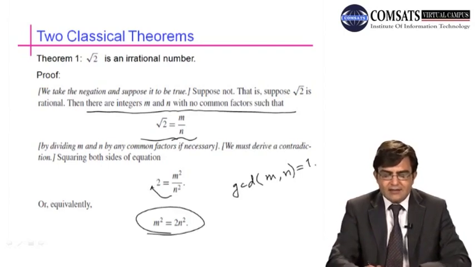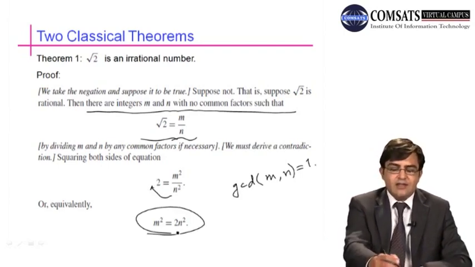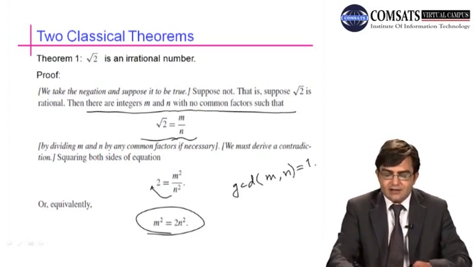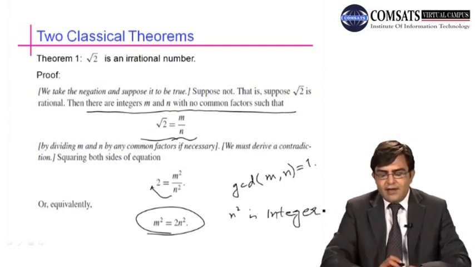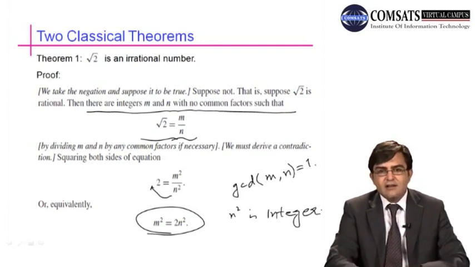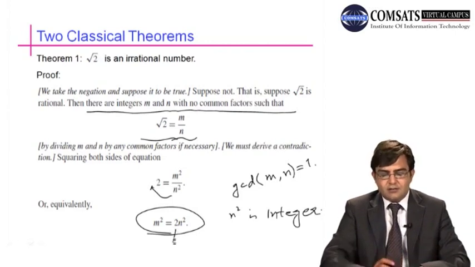Now m square is written as follows. We have supposed here that n is an integer. If n is an integer, then n square is also an integer. If n square is an integer, then m square can be written as 2 into some integer. What does it mean?